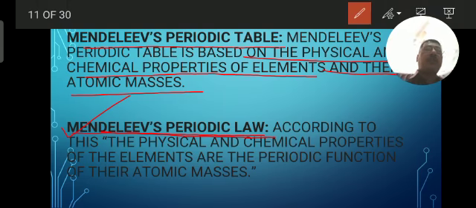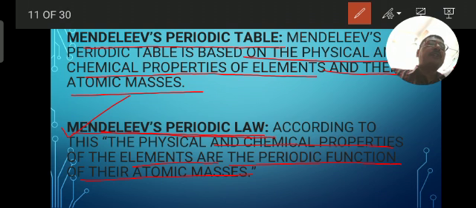According to this law, he told that the physical and chemical properties of the elements are a periodic function of their atomic masses. It means when we go in the periodic table from left to right in increasing order of atomic masses, there is a periodicity.